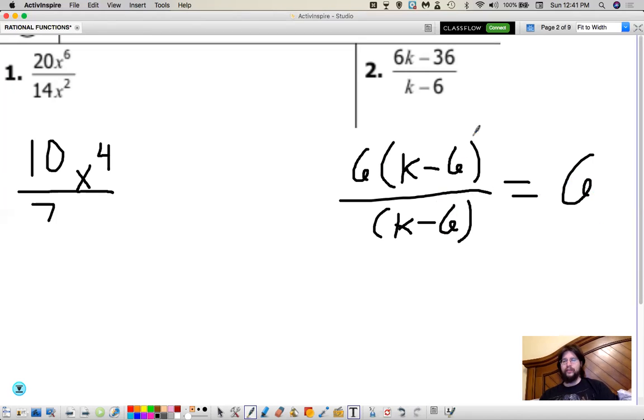If you look at the graph of this thing, it will be a horizontal line at 6. The only thing is you'll actually have a hole where the denominator would be 0, so at x equals 6. It'll look just like this, with a hole right there at 6. We're going to get to graphing later. Right now we're just doing the actual arithmetic.